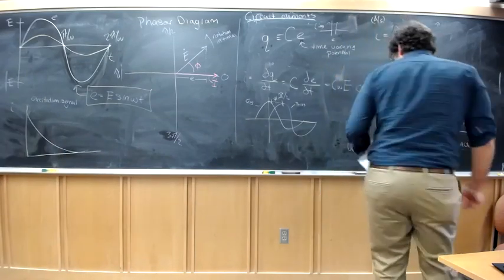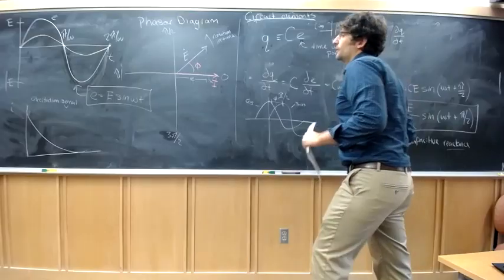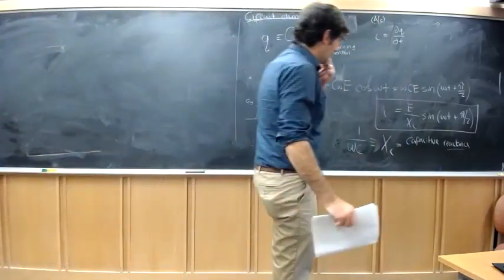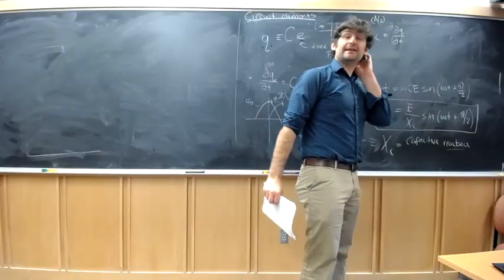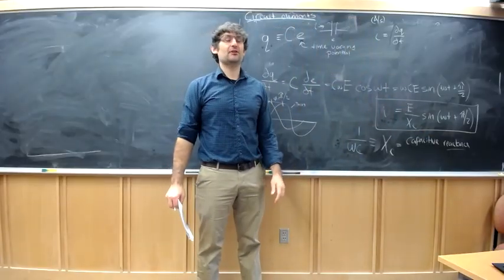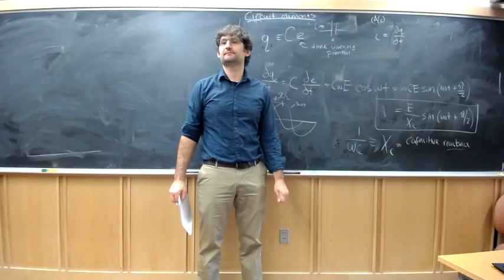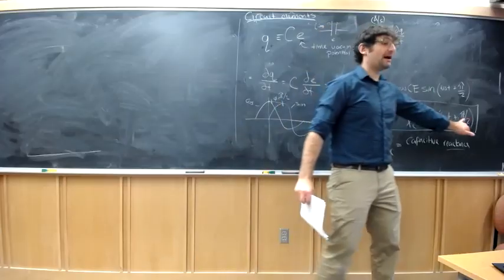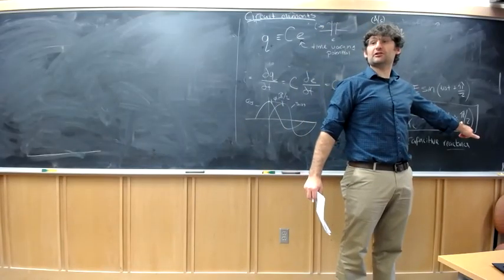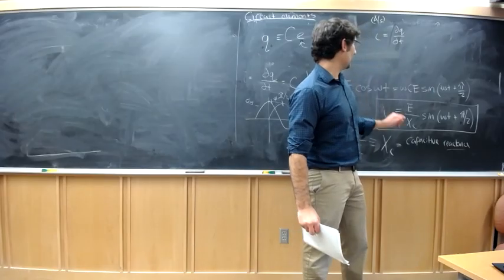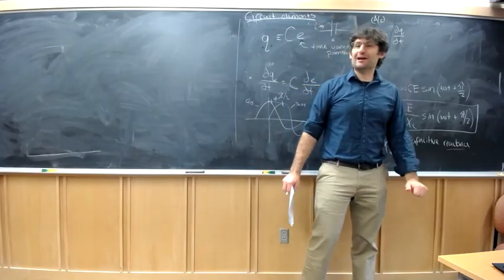So what is the phase angle for a capacitor? Pi over 2. And which one's ahead, or which one's behind? Is the current ahead or behind the voltage? It looks like the current is ahead by pi over 2. It leads by 90 degrees. Or you could say the current is behind by 3 pi over 2.